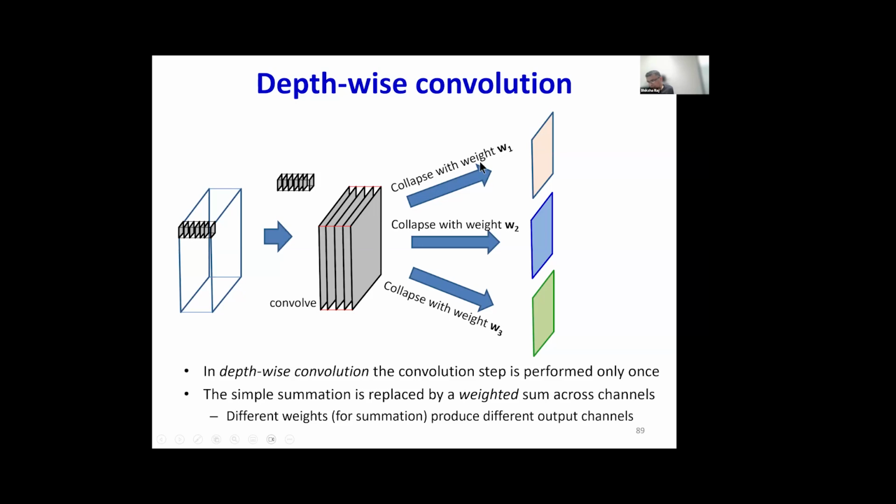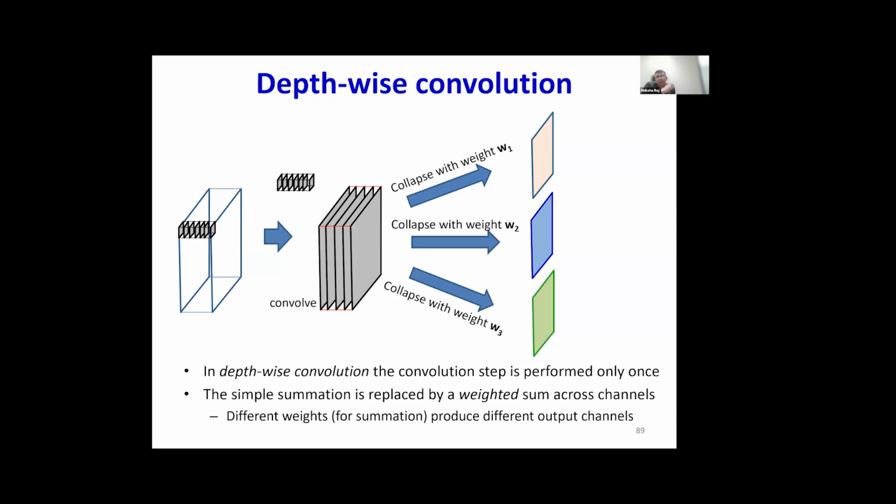So this weight is going to be a vector. In fact, this collapse is like performing a single convolution with a 1x1 filter. And this collapse is also like convolving with a single 1x1 filter.